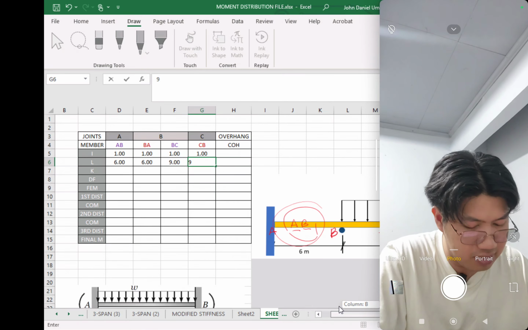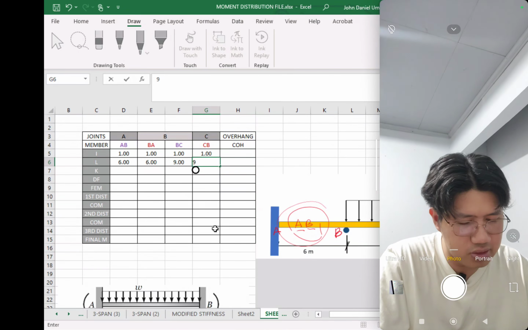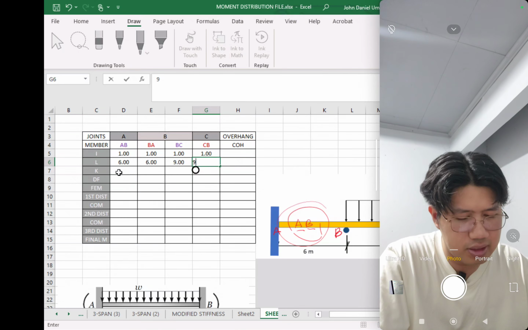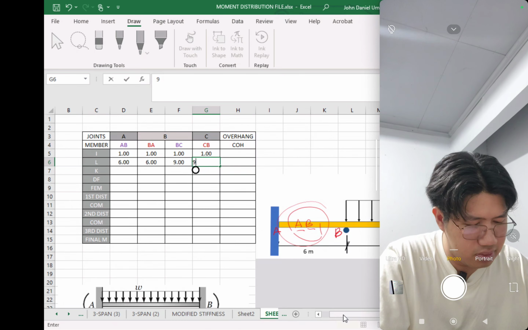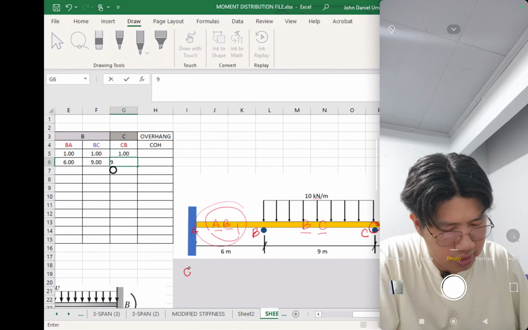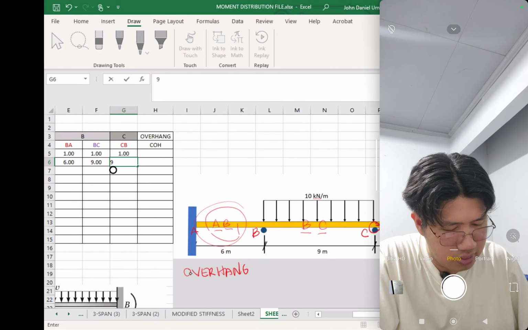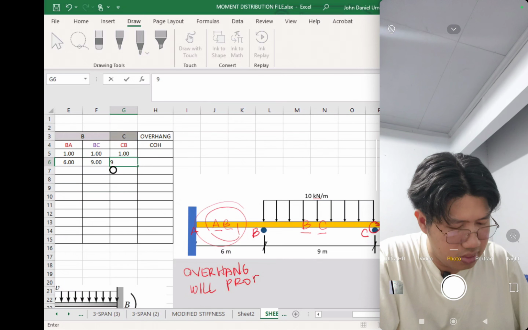So it does not matter gaano kahaba, kasi walang maproproduce na stiffness yung overhang. Let me write it here. Overhang will produce no stiffness.